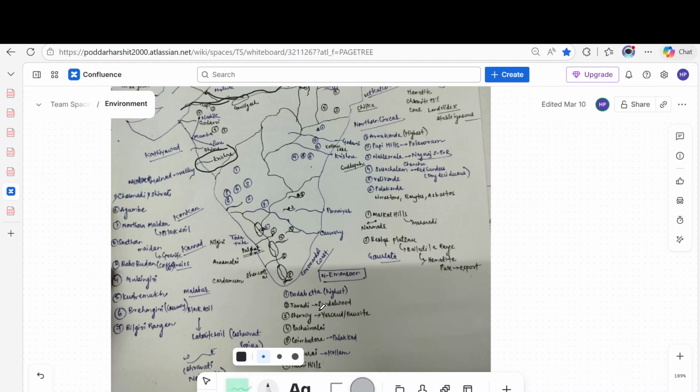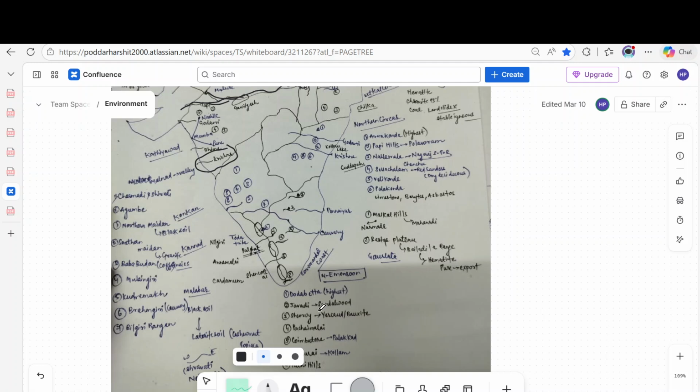In the westernmost part they are the Sahyadri zone, where we are seeing the evergreen forest of the Western Ghats. The first one is the CD and Agumbe. Basically you need to remember Baba Budan.